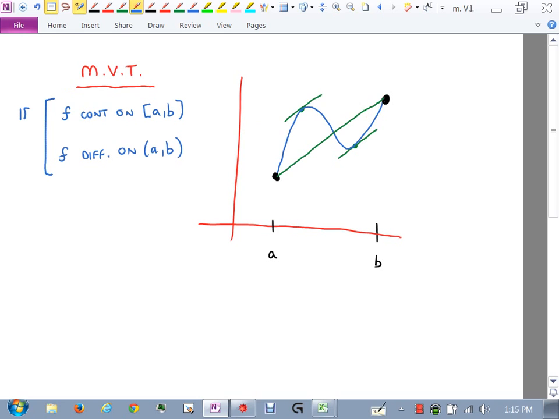So if this is true, then here's the conclusion. There exists at least one c in (a,b). Here's the way math people would write that: there exists a c element of (a,b). That's the same thing as saying there exists a c inside the interval (a,b).